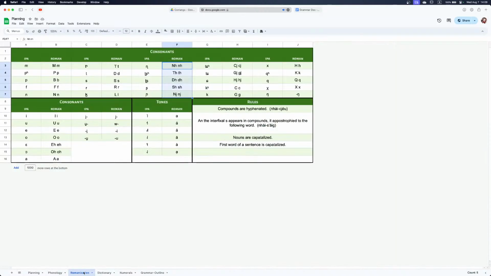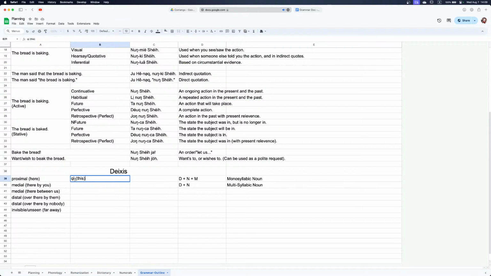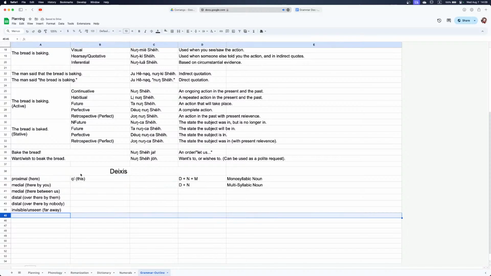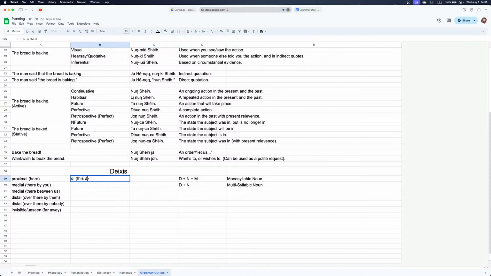Actually, let's make that qi with a rising tone as a demonstrative, and if it's a falling tone, it's this as a pronoun. And then in formal speech, it'd be qi son.